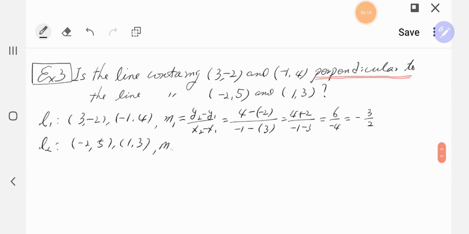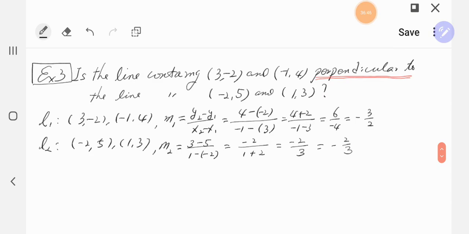So let's find the slope of the second line. y2 minus y1, 3 minus 5, over x2 minus x1, 1 minus -2. Can you read it? So that is -2 over, the denominator is 1 plus 2, so -2 over 3.